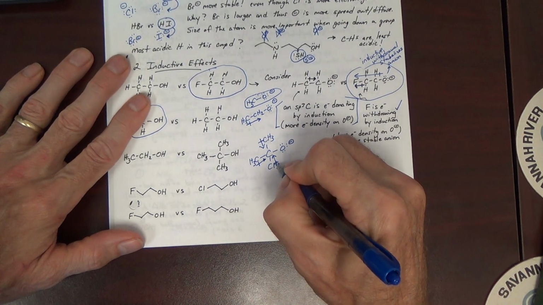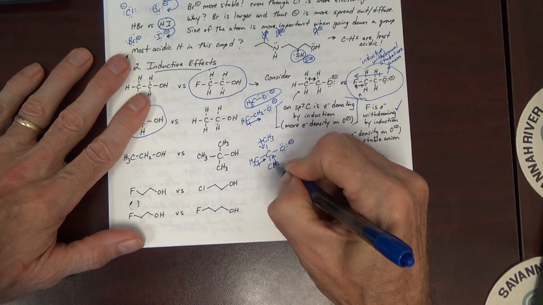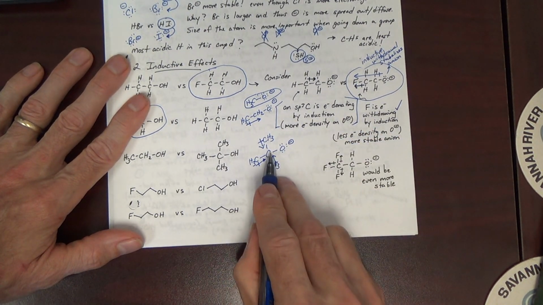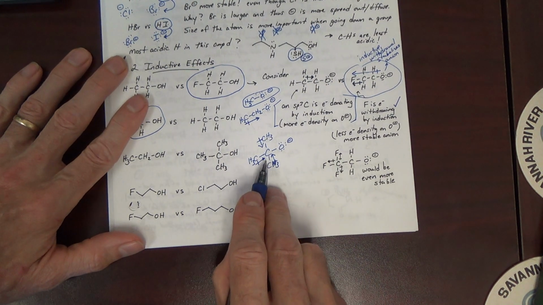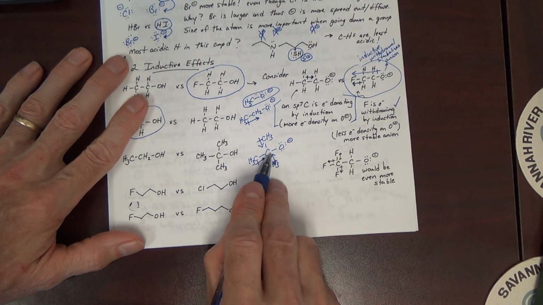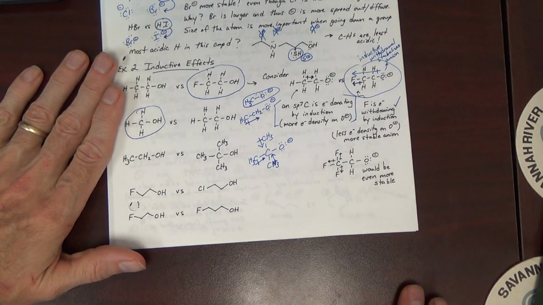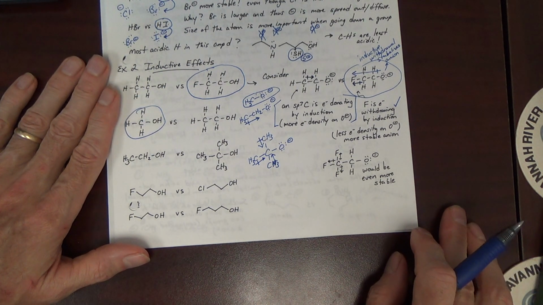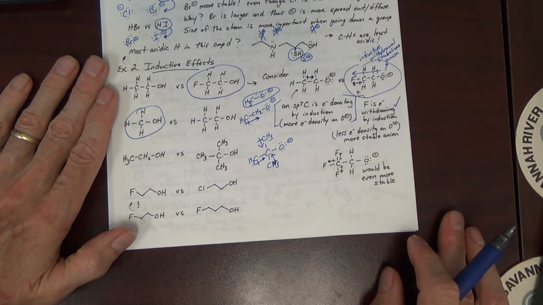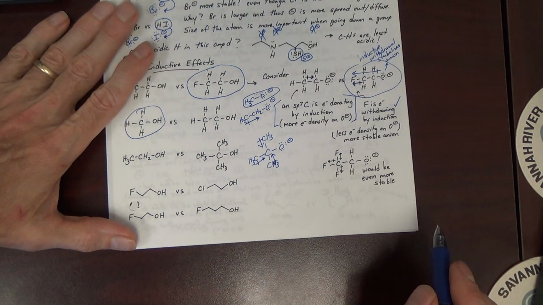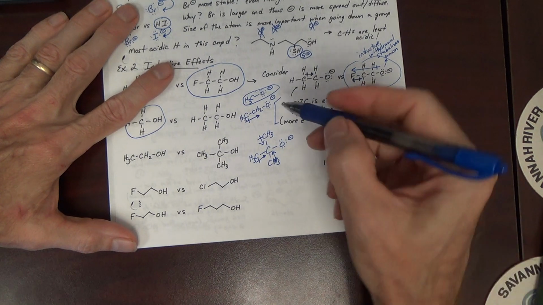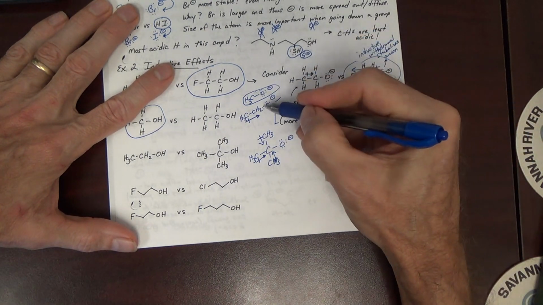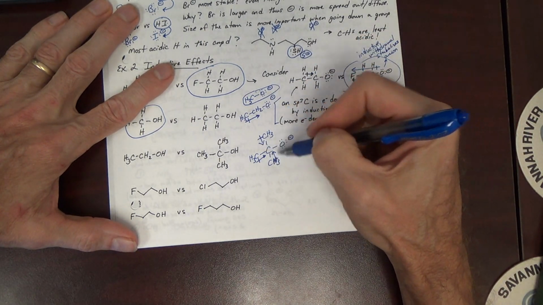All 3 of these methyl groups, and that's an H there, are donating into this carbon, and that is pushing electrons into this area as well. And so between these two, this one's more stable because that one is worse off.